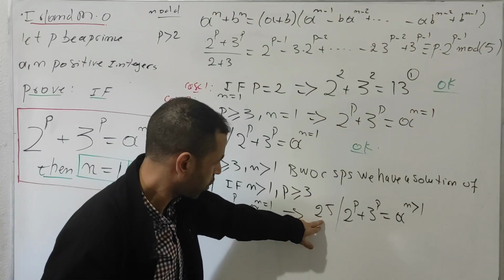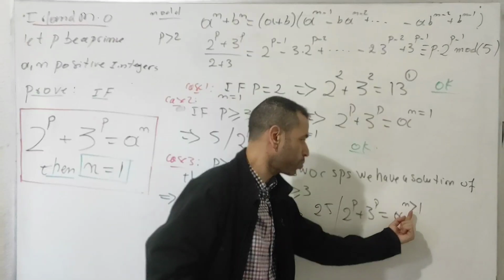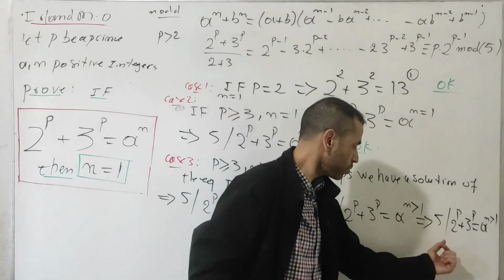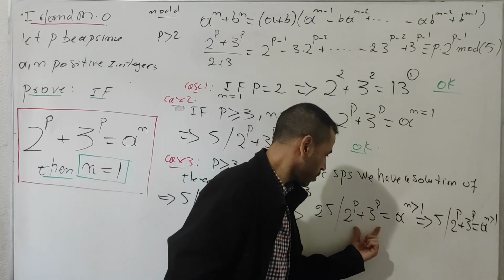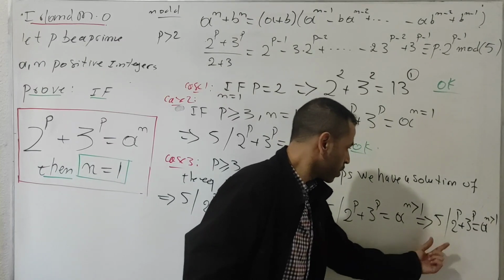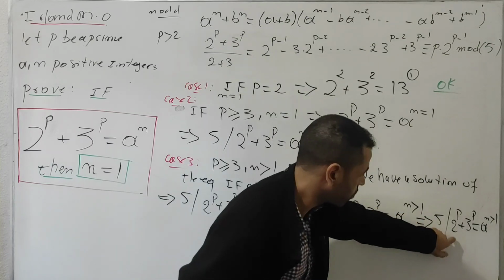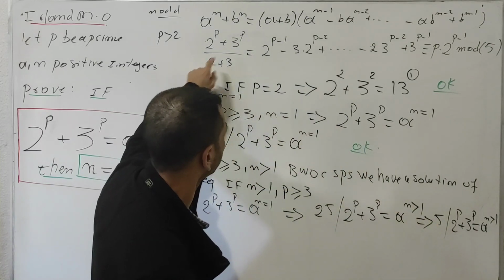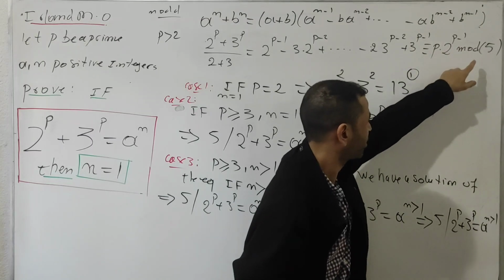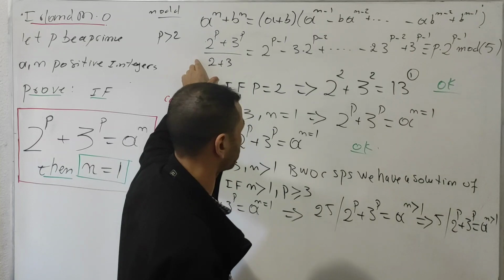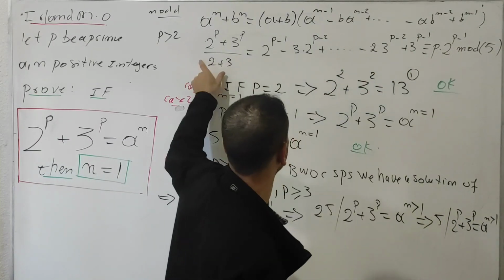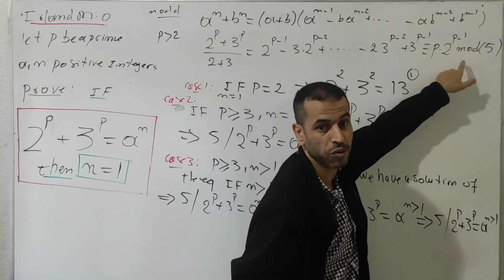Okay? Since 25 divides this term when n is strictly greater than 1, that means 5 divides this term, because this one is more powerful than this one. When a big divisor divides this number, that means the smaller divisor divides the same number. So that's what happened here. But this term is congruent to p times 2 to the p minus 1 mod 5. In other words, 5 does not divide this term, because to have 5 divide this one, we must have this congruent to 0 mod 5 here, but we don't have that.